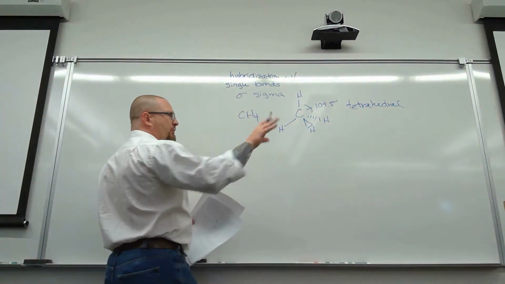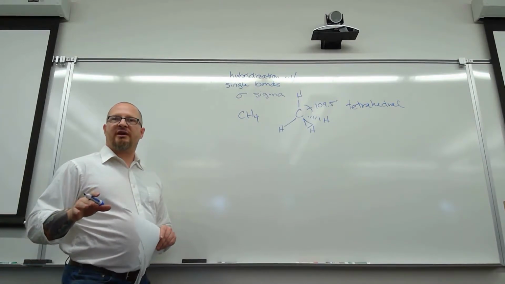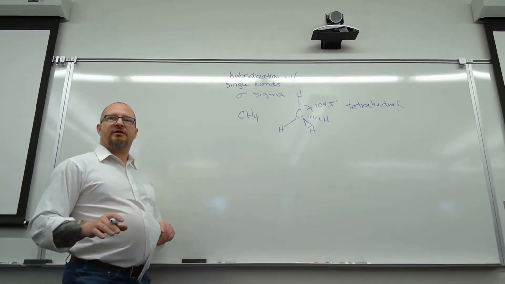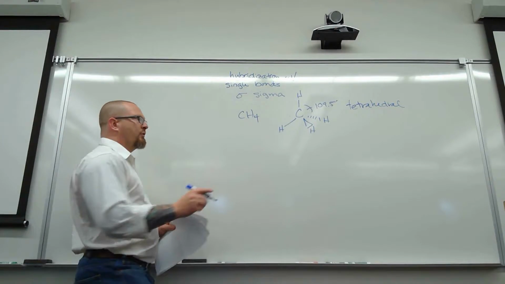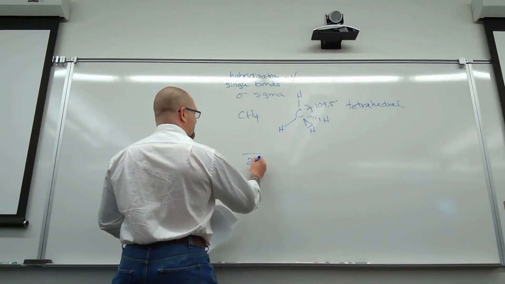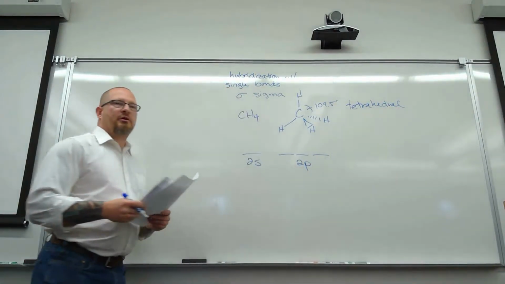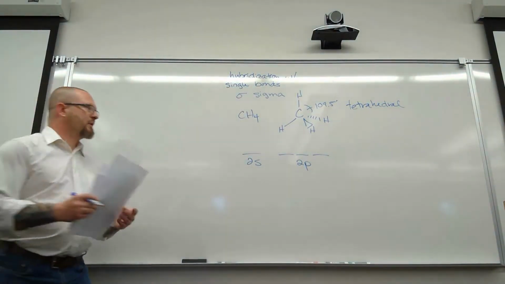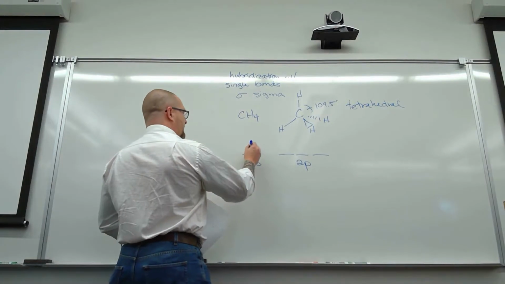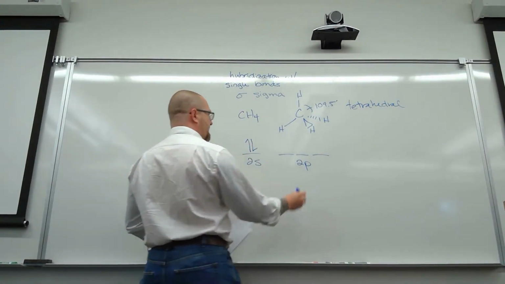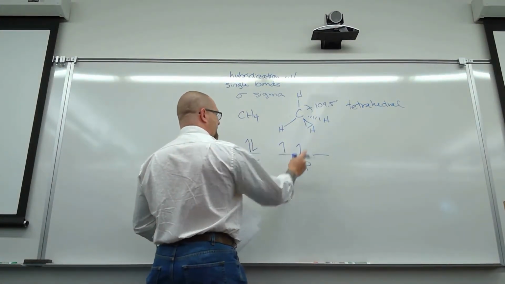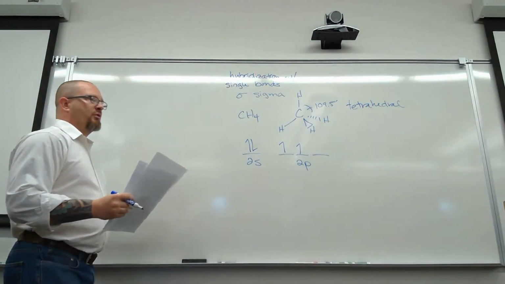Ignoring the 1s orbital because it's full, we're just going to look at the level 2 orbitals. How many valence electrons are in carbon? 4. So we're going to fill up the s orbital first, positive spin first, and then positive spin, positive spin. So this is what the atomic orbital of carbon looks like.